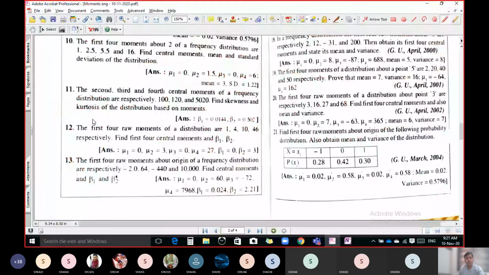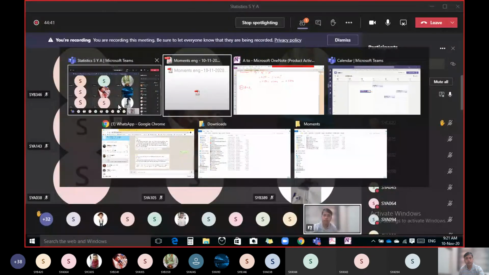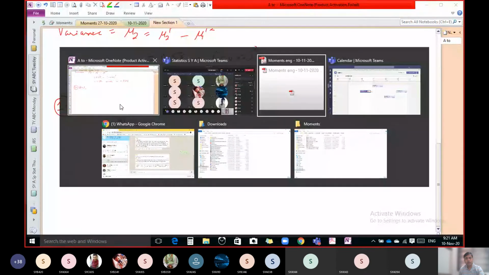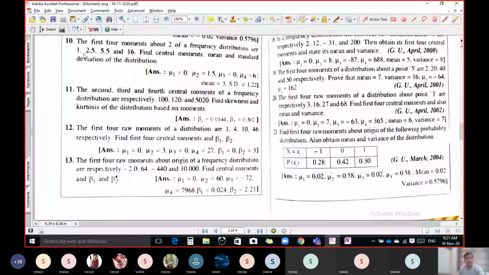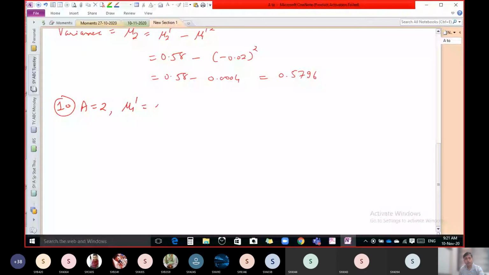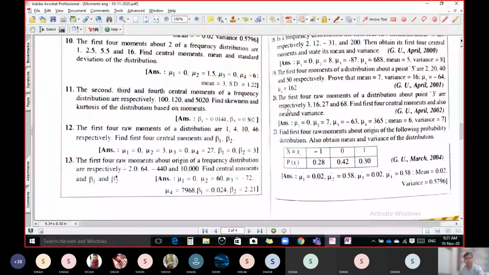So this A equals 2. Now mu1 dash is 1, mu2 dash is 2.5, mu3 dash is 5.5 and mu4 dash is 16.